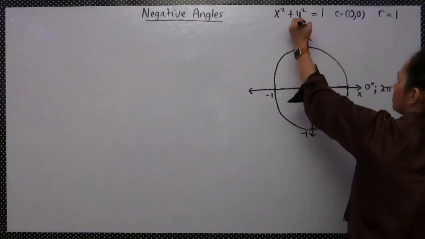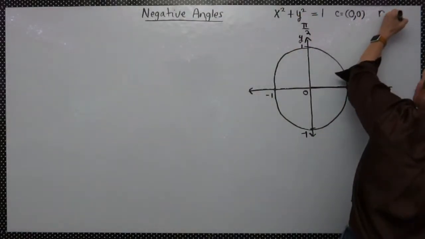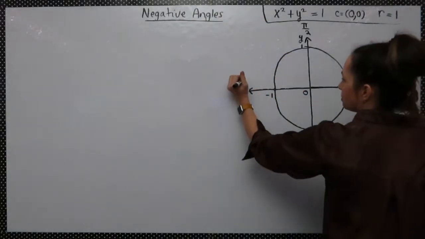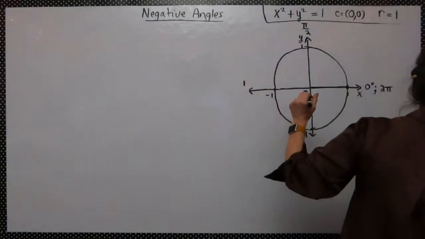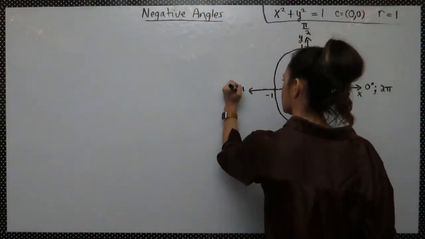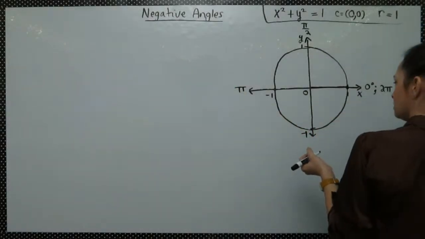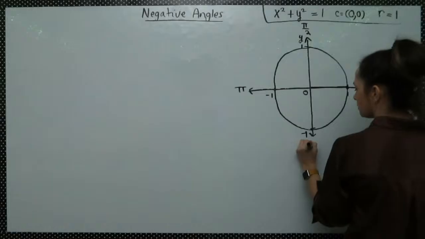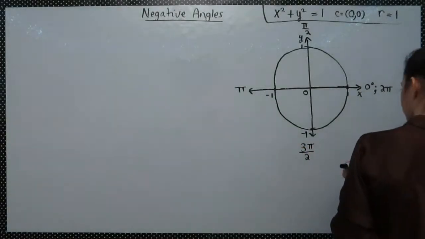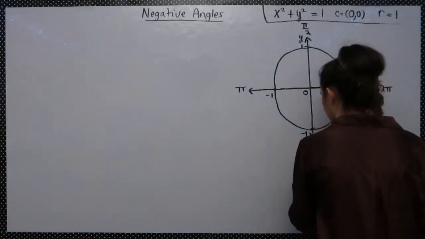Up here was pi over 2. Let me box this so it's not in my way. Then we established that this was pi over here. And this was 3 pi over 2, excuse me.